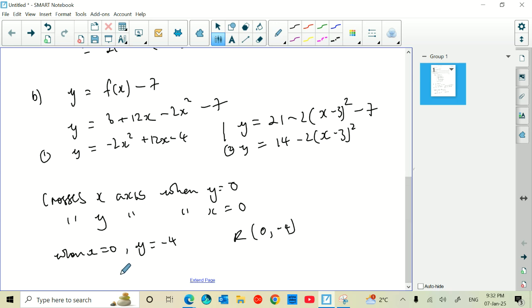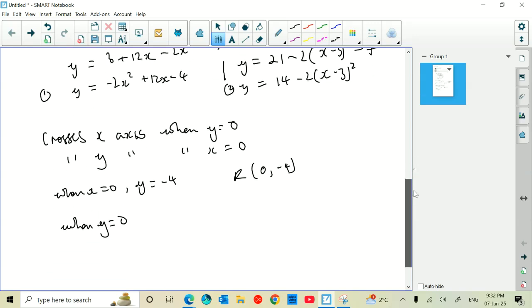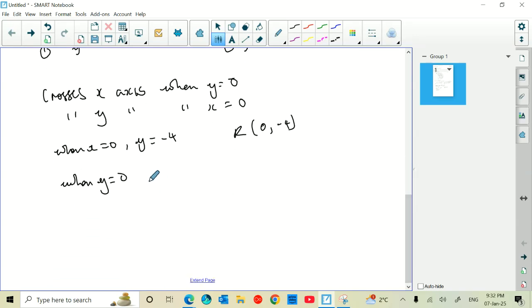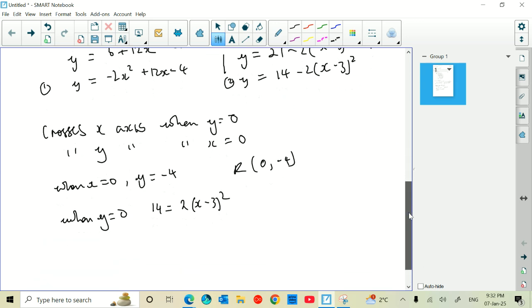And when y is equal to 0, what's the value of x? Now I'm going to use equation 2, which is my completing the square equation. When y equals 0, we're going to have 14 is equal to 2 brackets x minus 3 all squared, because that's equation 2 from here.